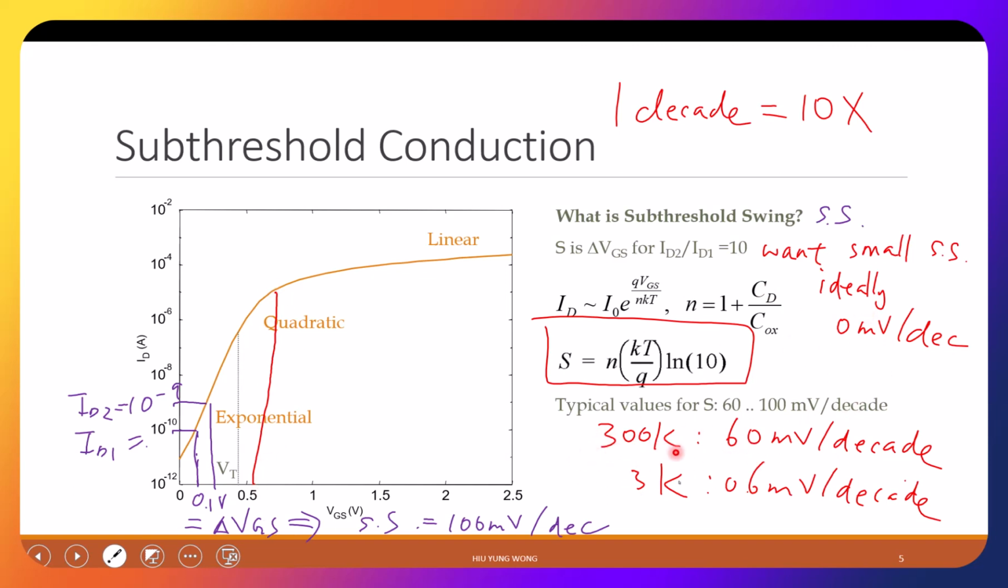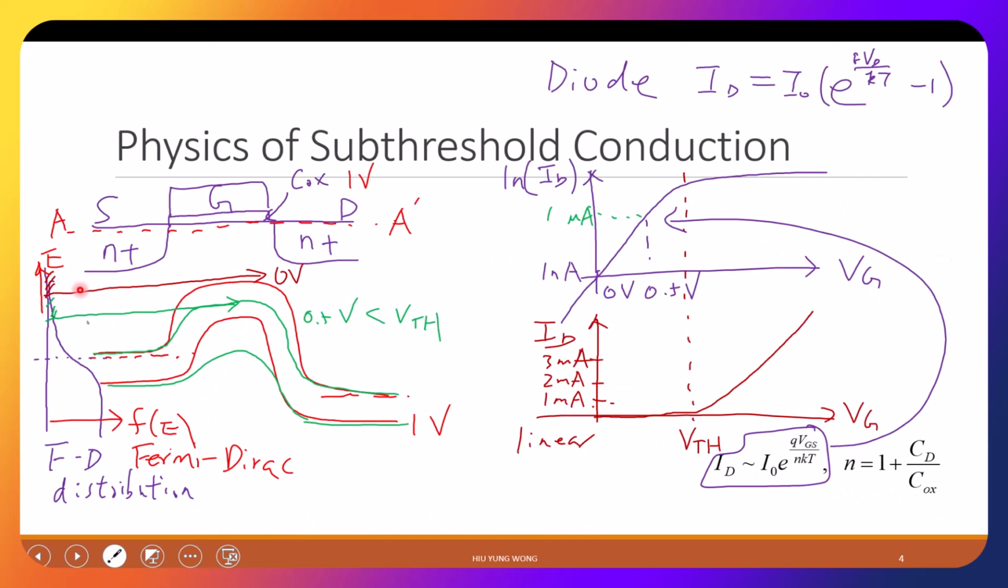For example, ideally, for 300 Kelvin, in order to change 10 times, usually it's about 60 millivolts per decade. And this is mandated by the physics, which we already talked about, because when I increase this by 60 millivolts, the amount of extra charge that can go through is increased by 10 times.